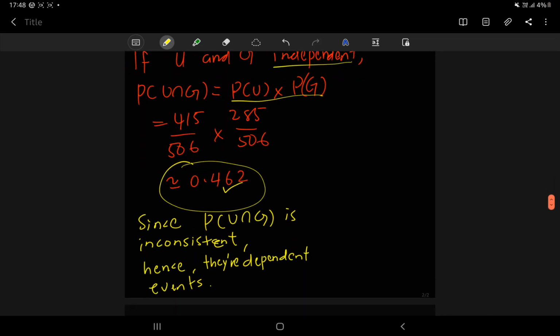So they are not the same, so they are inconsistent. Hence we can say that because the value is inconsistent, which means that the value is not the same, it is not independent, i.e. they are dependent events. Okay, they are dependent events, right?